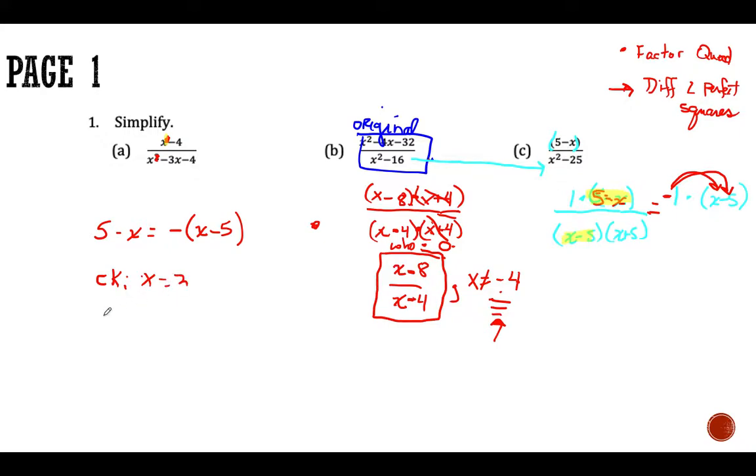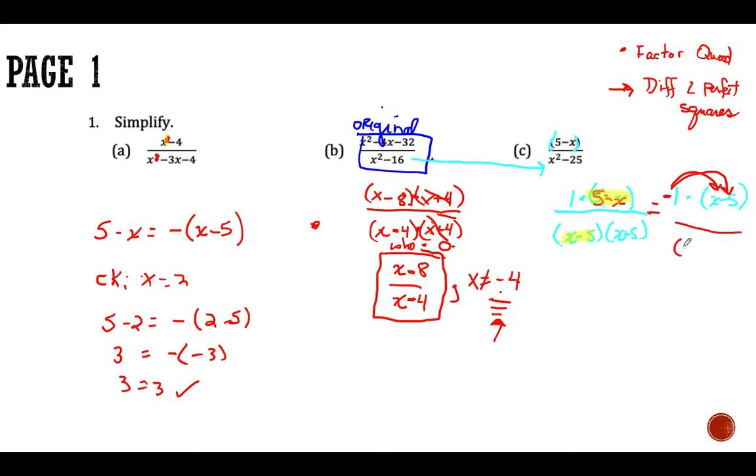What if x is equal to 2? Is 5 minus 2 the same as negative the quantity 2 minus 5? 5 minus 2 is 3. 2 minus 5 is negative 3. But negative negative 3 is 3. Go ahead and try it with any other number. It's going to work.